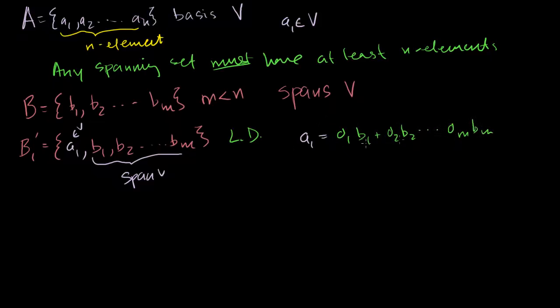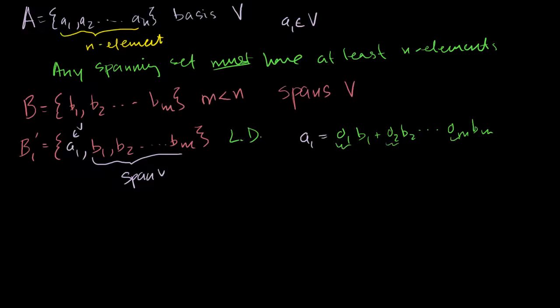And at least one of these has to be non-zero. We know that A1 is a non-zero vector. If it were a zero vector, this couldn't be a basis, because it wouldn't be linearly independent, since you can always represent a zero vector as 0 times any other vector. So at least one of these is non-zero.